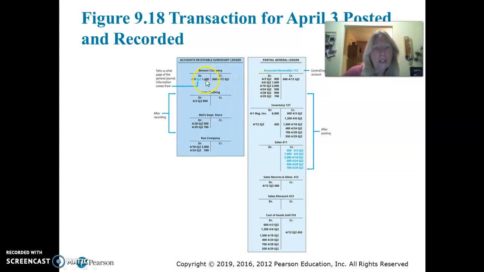So example here, something that happened. It looks like on April 6th, Bevins bought $600 worth of merchandise on account. So they owe you money, subsidiary accounts receivable. And then it looks like they returned some merchandise on April 12th. And so when you return the merchandise, that would be sales returns and allowances, and that would be a credit.